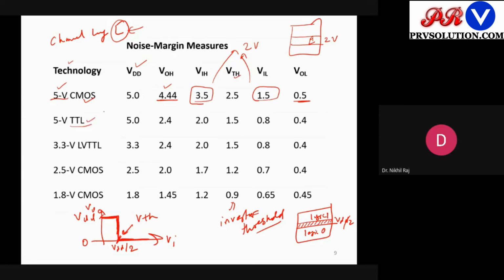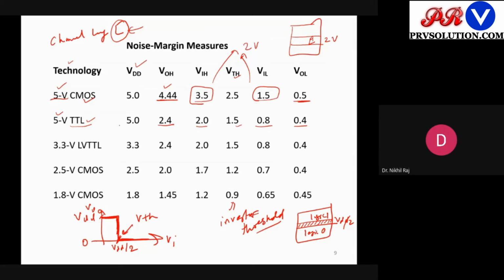Similarly, if I go for some TTL, they have given their MOS models. This MOSFET is operating at 5 volt, but my VOH is 2.4 and VIL is 0.8, and similarly VIH is given, VOL is given, and inverter threshold voltage is given.